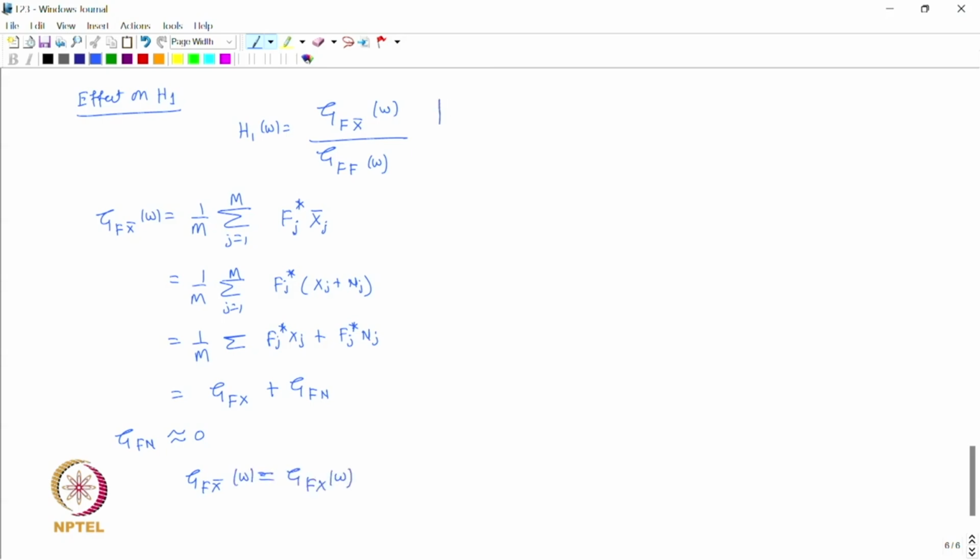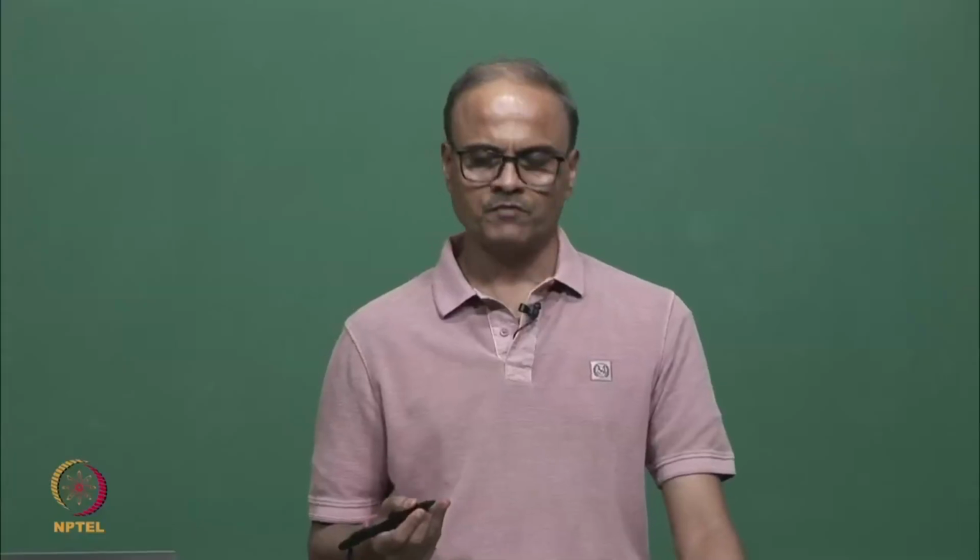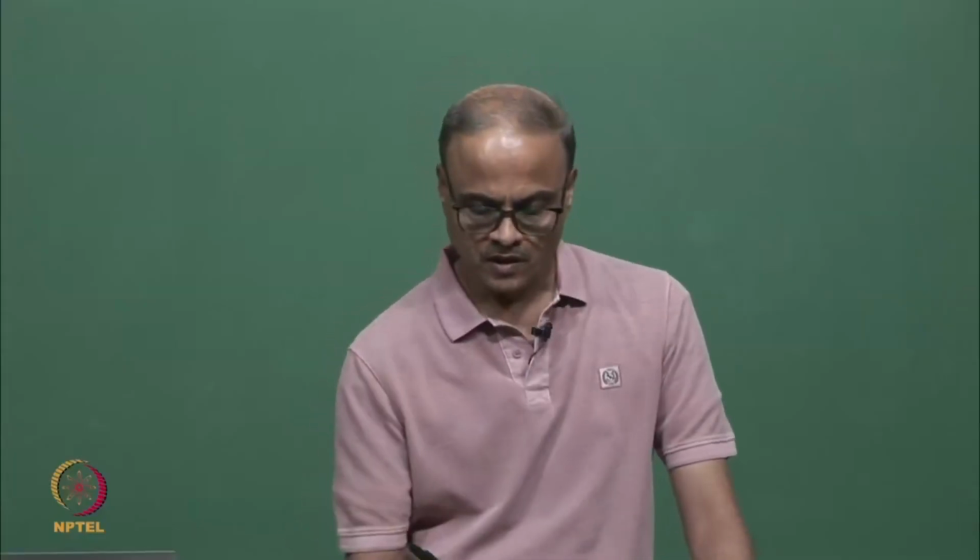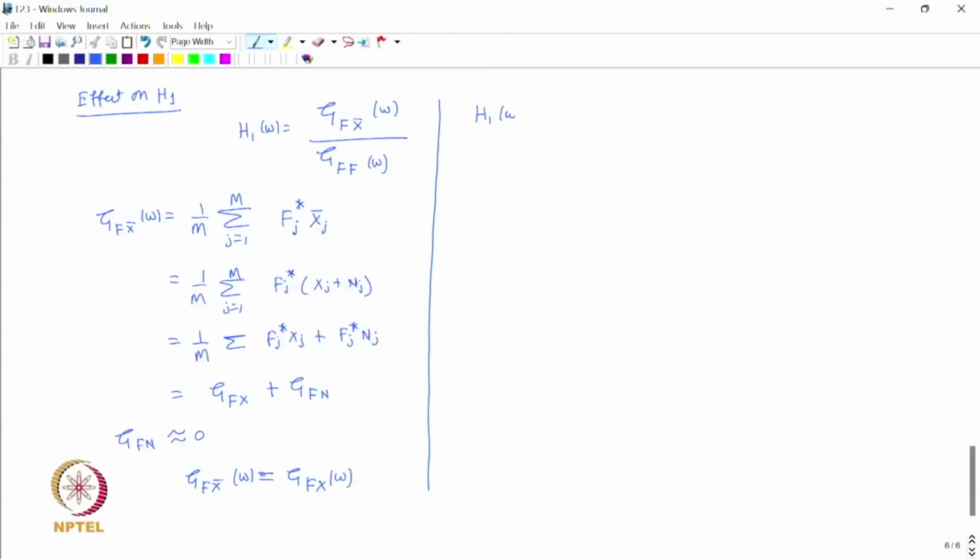And now G f f is unaffected by noise because there is no noise in the force signal, and therefore H1 omega turns out to be equal to G f x omega upon G f f omega, and this is nothing but the true FRF, because this is dependent on the true force and true response.